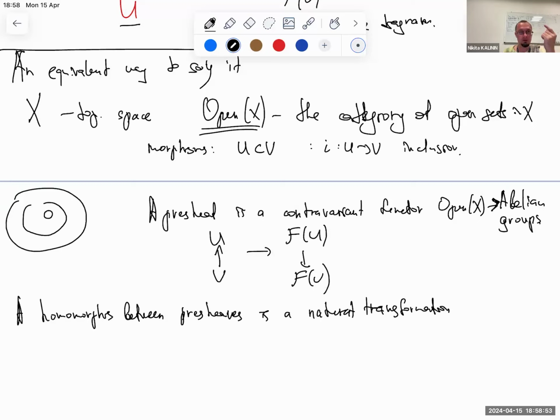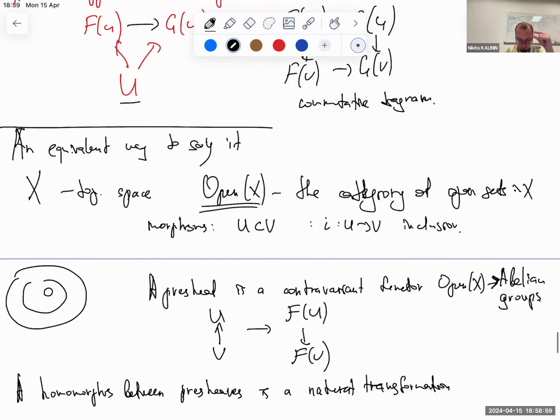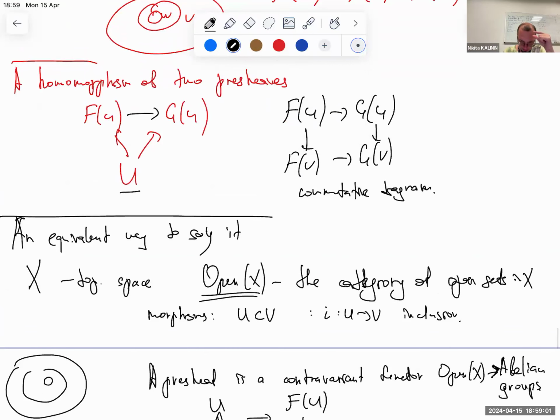Right, because what is a natural transformation? When you have two functors, and then you just want to have such a commutative diagram. So you just map any F of U to any G of U such that the arrows, the morphisms, are mapped to morphisms.